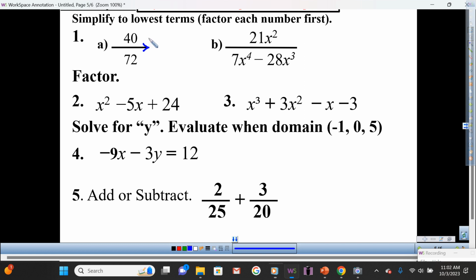And then 8 can be written as 2 times 2 times 2. Yes? So this is 2 times 2 times 2 times 5. Which means 72 is, let's see, 8 times 9, yes? And 8 we said was 2 times 2 times 2. And 9 would be what? 3 times 3. All right.